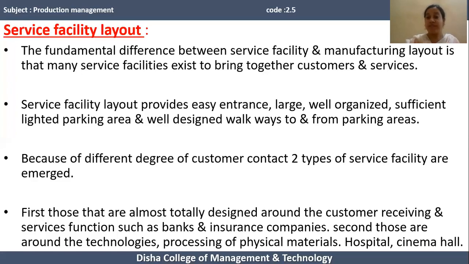In a hospital, service is provided by diagnosing the diseases. For diagnosing the disease, the hospital uses various types of machines, and those machines are manufactured by using different technologies. So by using different technologies, these types of service providing organizations provide service to the customer.